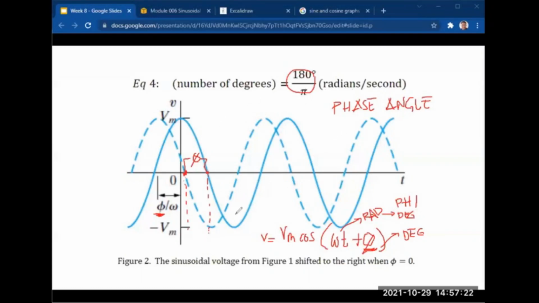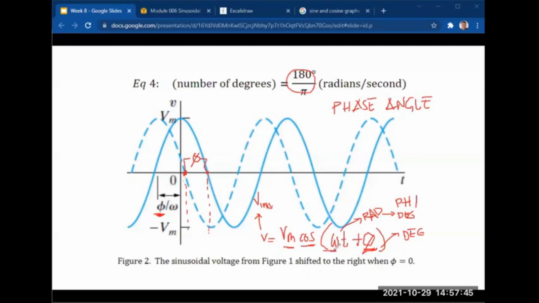So again, let's do a recap. This is the instantaneous voltage, meaning the voltage at a certain time. This is the maximum voltage. This is the cosine function, which is the behavior of our sinusoidal voltage or current.